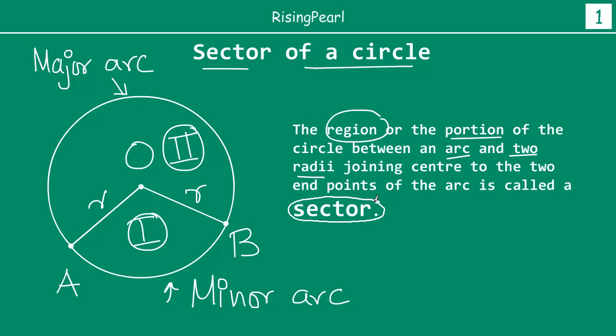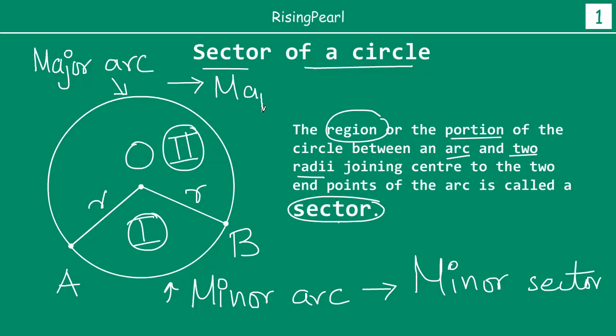So that is what we mean by sector. And as you can see, we have 2 sectors. The one that corresponds to minor arc, as you can imagine, is called minor sector. And the one that corresponds to major arc would then naturally be called major sector.